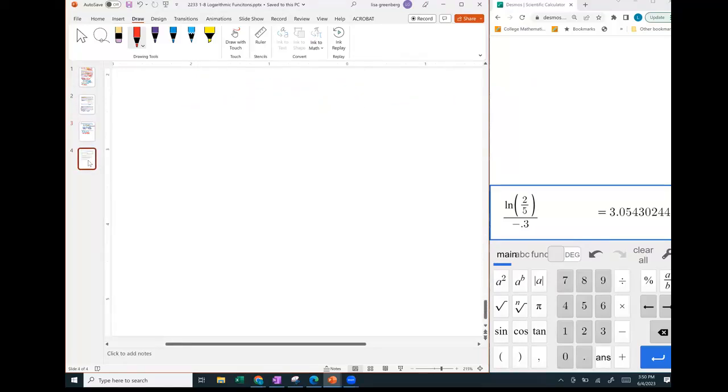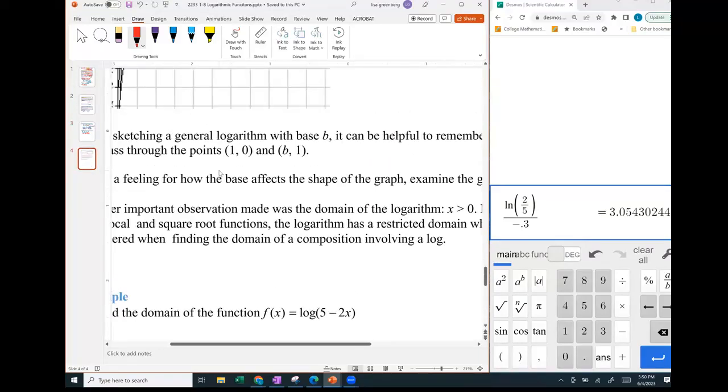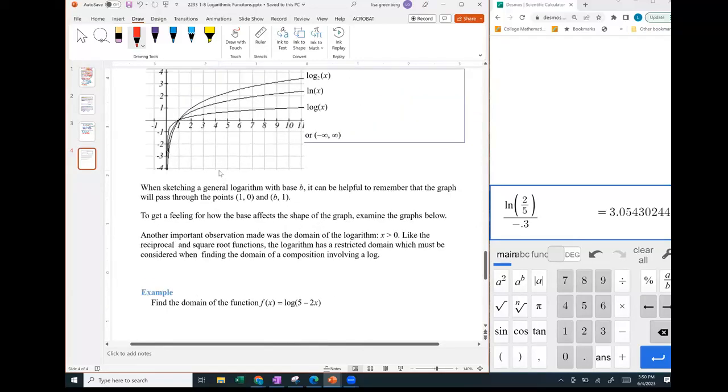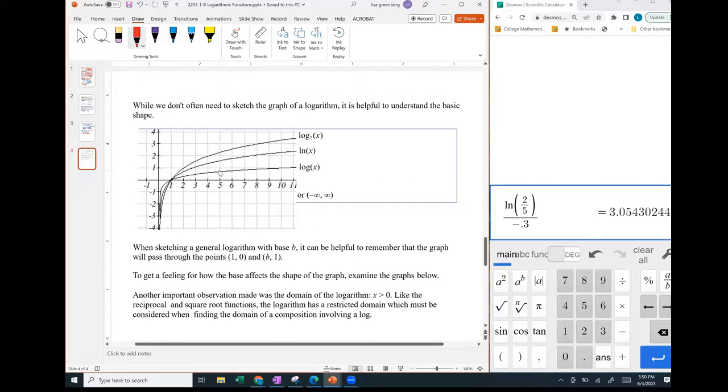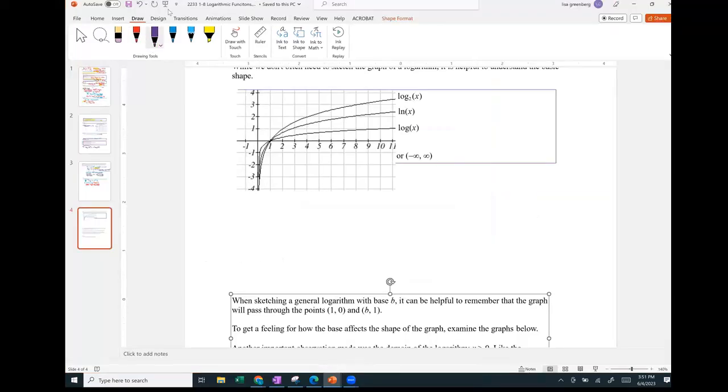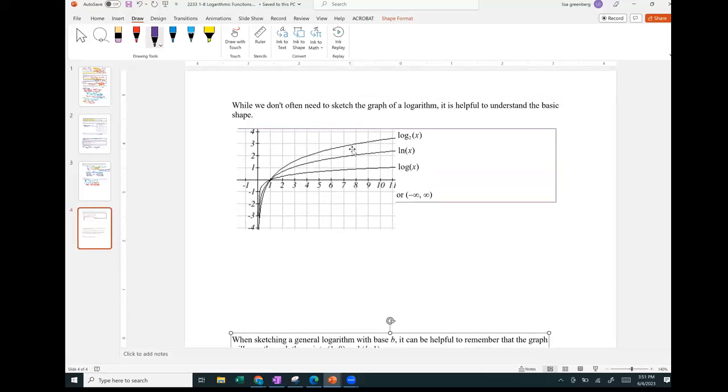Okay? And then last but not least, let's talk a little bit about what the graph of a logarithm looks like, because again, it's important to understand. Notice what the shape is. Remember, just to help, the exponential function always has a horizontal asymptote at y equals 0.